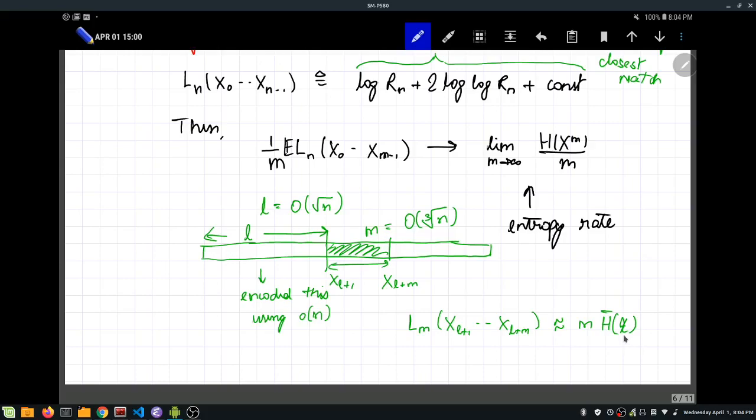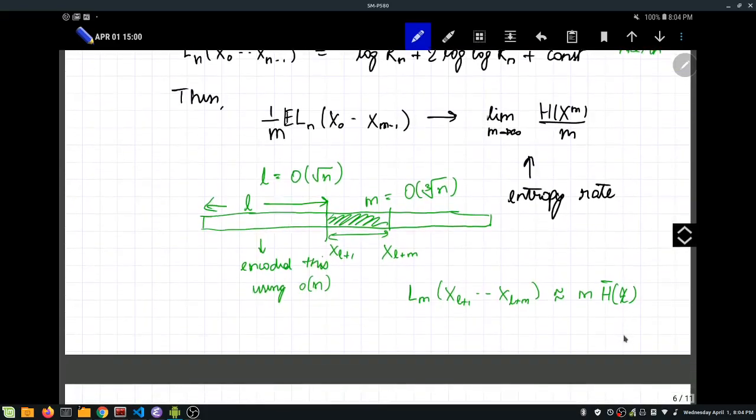So from the L plus 1 symbol onwards, the expected number of bits that are required to represent the closest match is roughly m times the entropy rate of x. So this phrase can be represented using roughly m times the entropy rate of x.